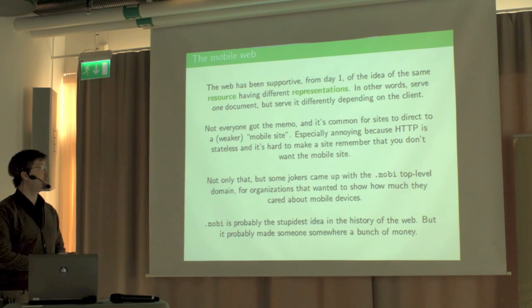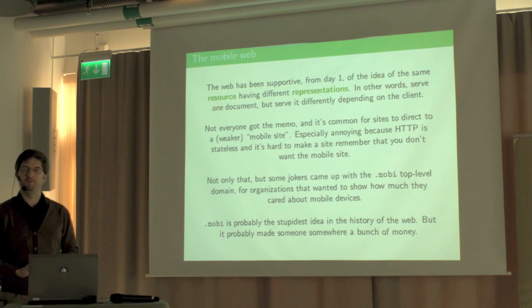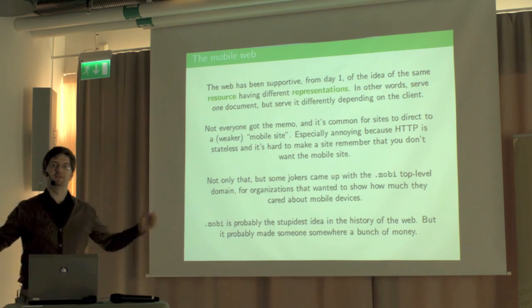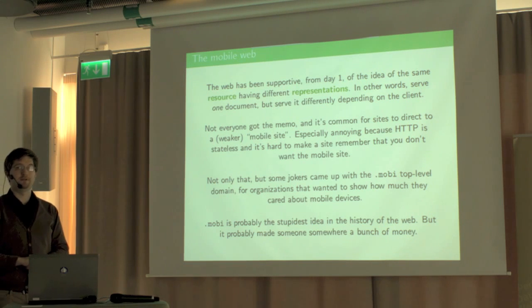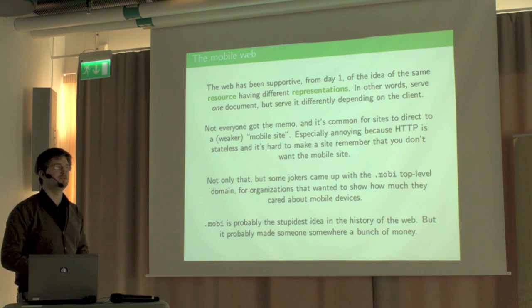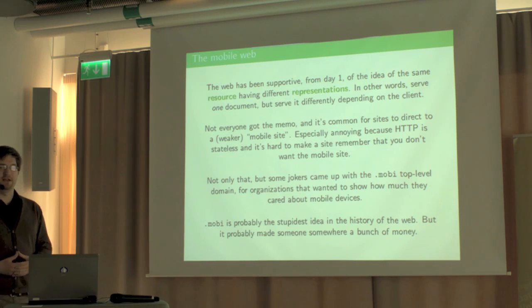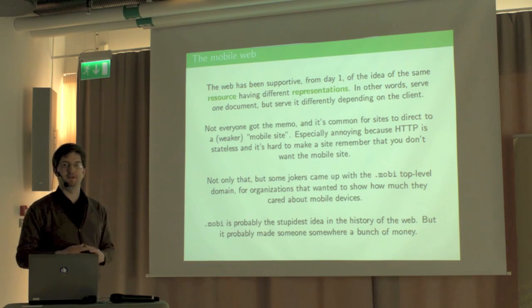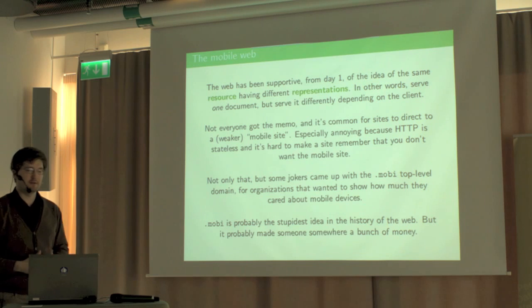To make things even worse, someone came up with a .mobi top-level domain to make things even more separated and so on. Now, there's nothing technically impossible about just putting everything on the same site, just giving everything the same address and handling the content negotiation and the mobile specific things on that same web page. And that's even easier.